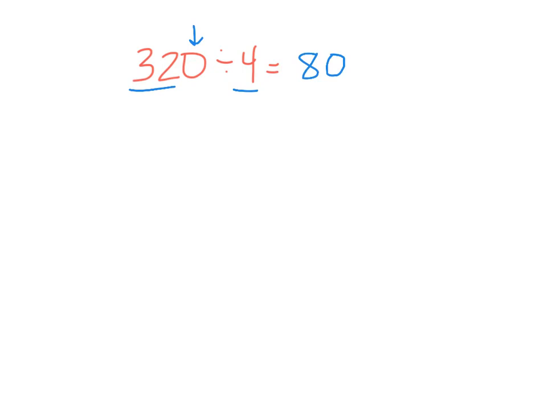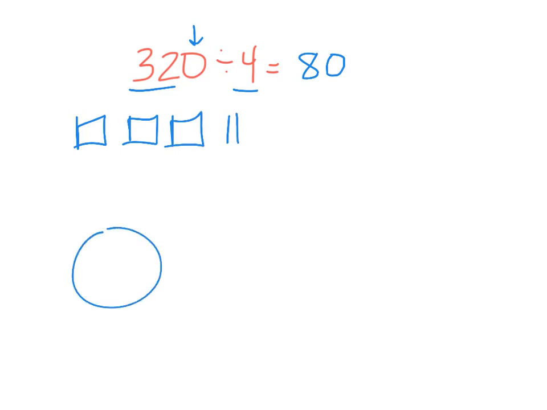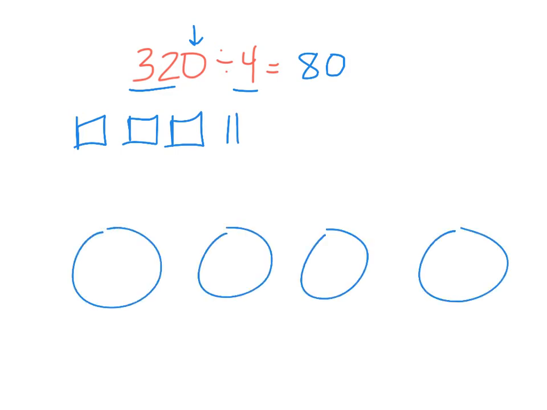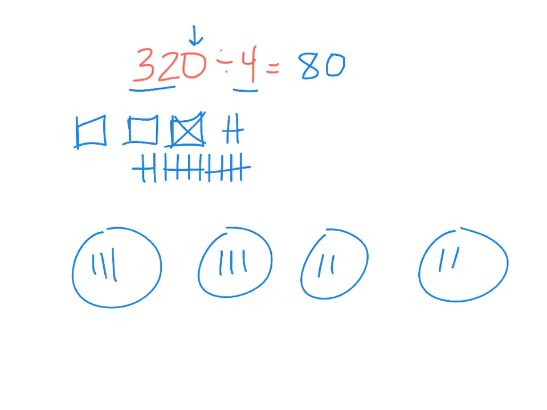I can also model this, which is a great strategy. Here is 320. Here are my 4. I'm going to break this up. 8, 9, 10. Okay, so I'm going to start distributing. There's 4. Here's 4. Here's 4. All right, I still only have 200, so I'm going to break these up.